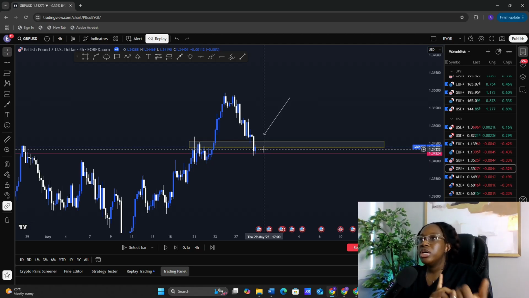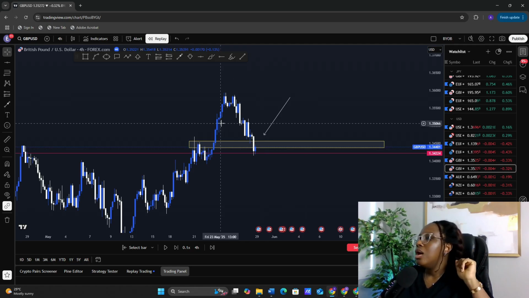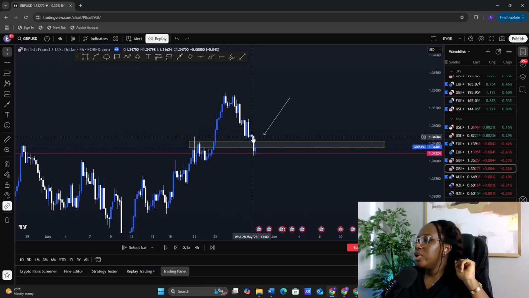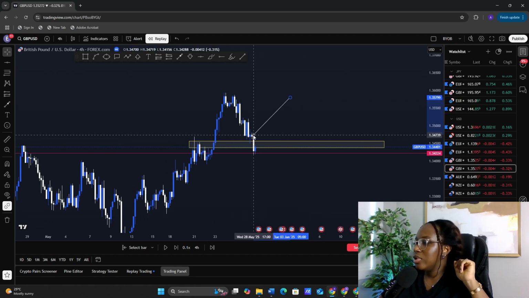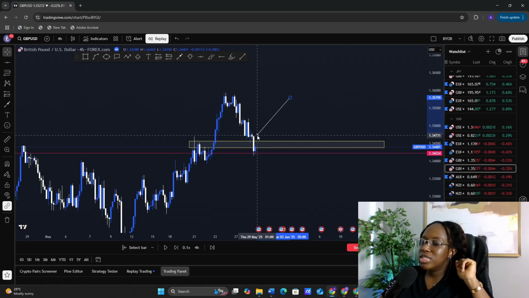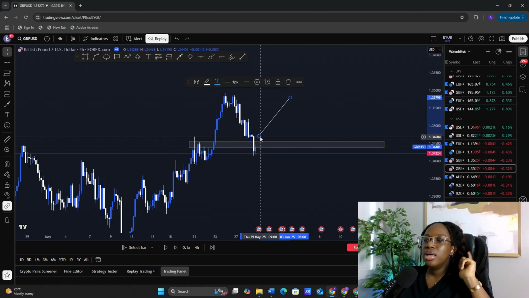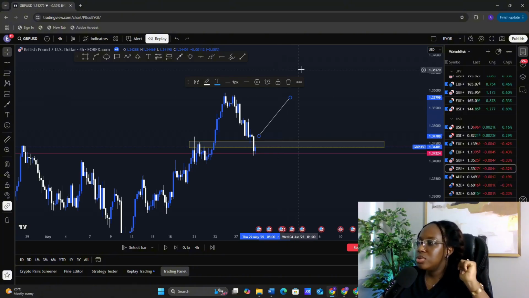That could be either a morning star formation or a bearish candle and then two or three bullish candles right after. That would be classified as a variation, just because it includes more than one candlestick, like an engulfing candle. Do you get? So at this point my eye was basically on this particular candle right here. I needed price to engulf this candle to indicate that buyers have come into the market.